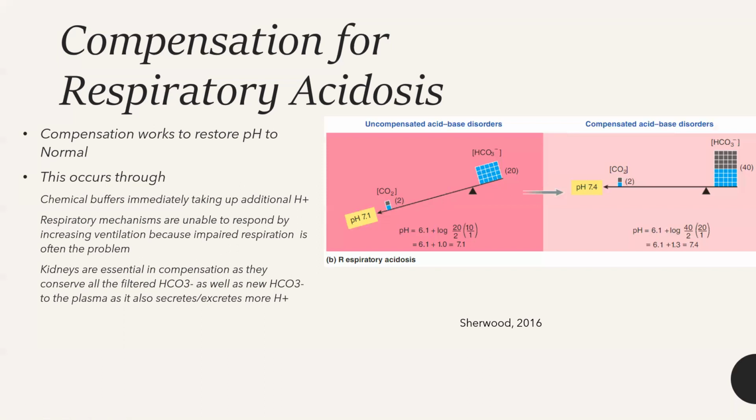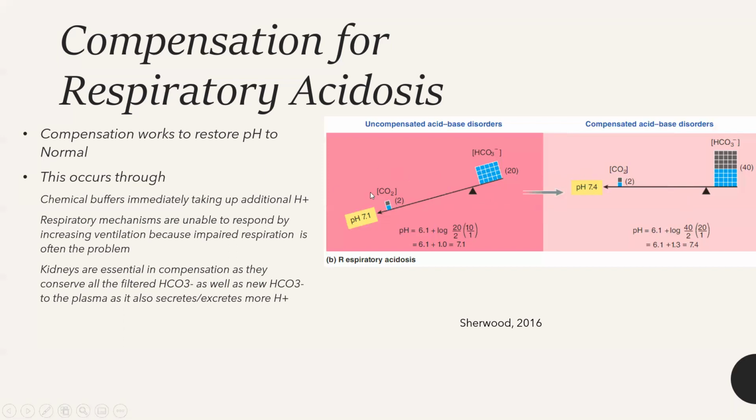And so we don't want the 20:2 uncompensated ratio. What we're looking for is to have the ratio of 20:1, which is what our 40:2 ratio would be if you simplified it down, so that a pH of 7.4 is achieved.